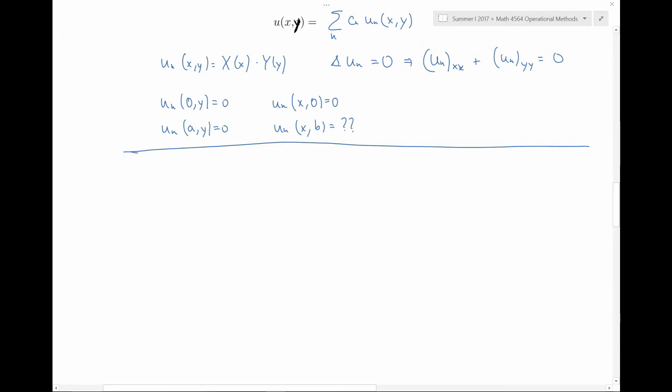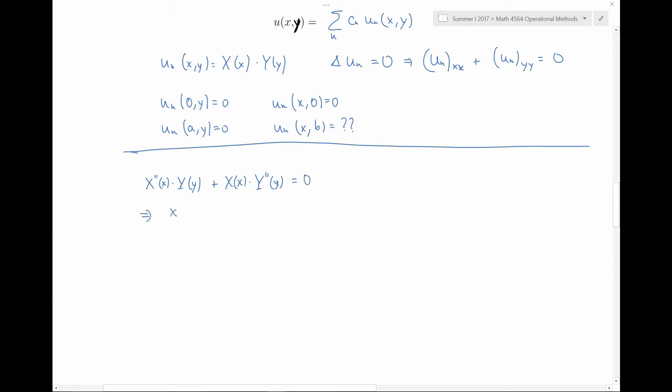Plugging X times Y into the differential equation, we get that X double prime times Y plus X times Y double prime should be 0.